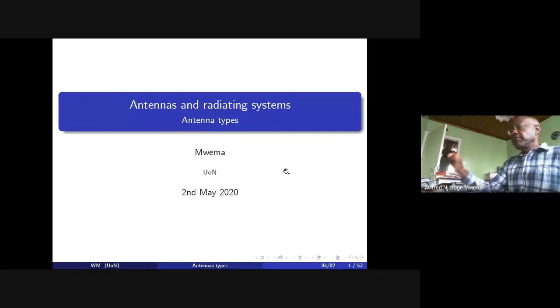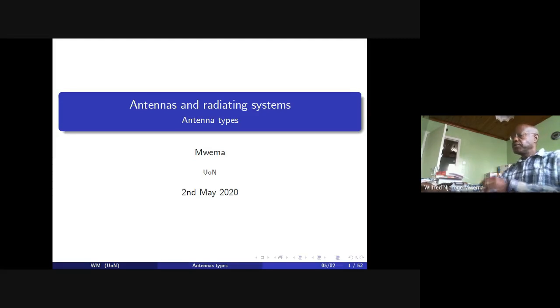So we shall now continue and look at the different types of antennas that we have. This is just to show you the kind of antenna systems that can be done. We have seen representative ones, that is the thin linear antennas. We have looked at the Hertzian dipole, the magnetic loop, and of course, the quarter or half lambda dipole.